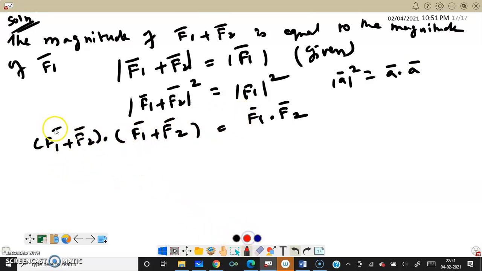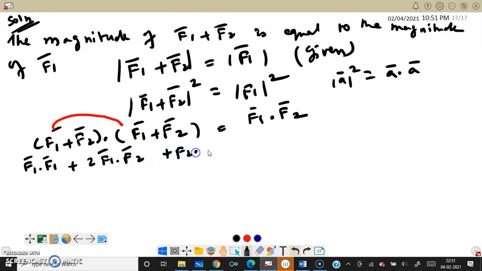Then you multiply like this. So what you will get is F1 dot F1 plus 2 F1 dot F2 plus F2 dot F2, which is equal to F1 dot F1. So bring everything to one side.